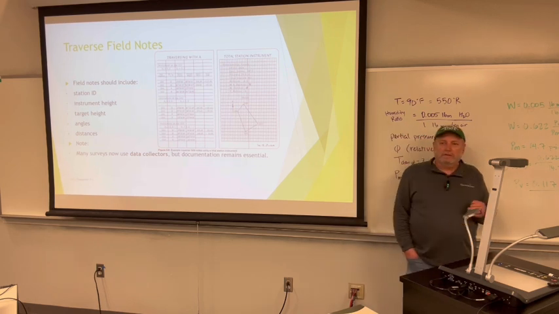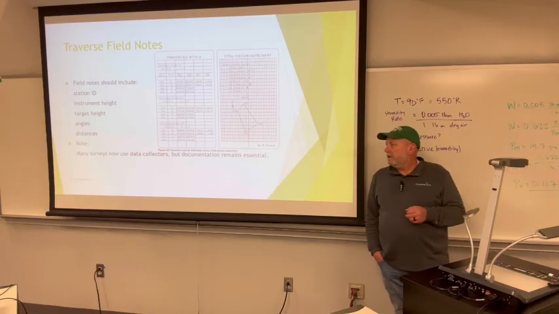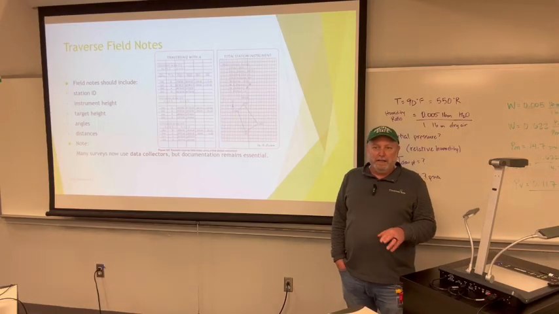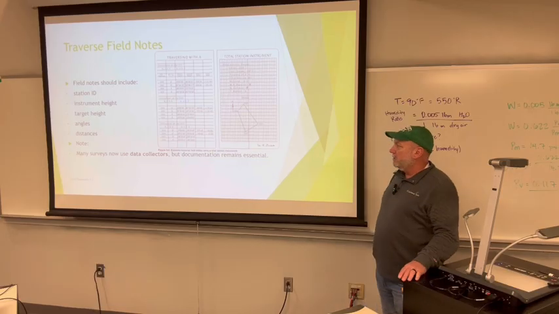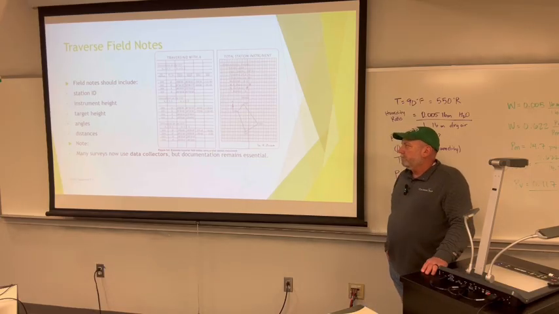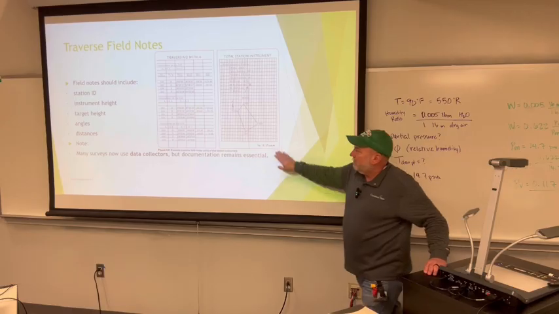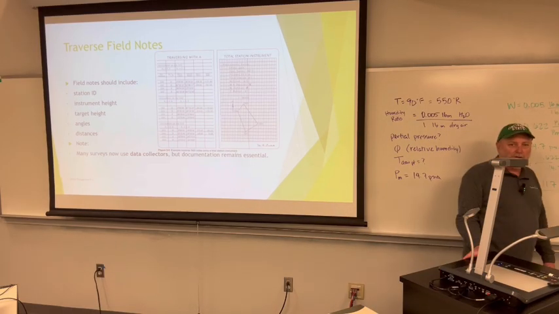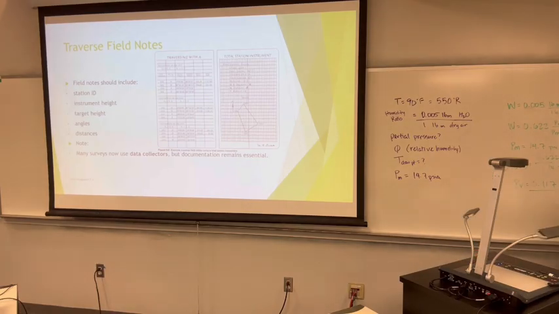Data collectors, like any other bit of technology or electronic device, can get a little buggy. A file can get corrupt. Your field book, you're not going to get a bug in that unless a tick is crawling on the page or something. Shouldn't get corrupt too bad.